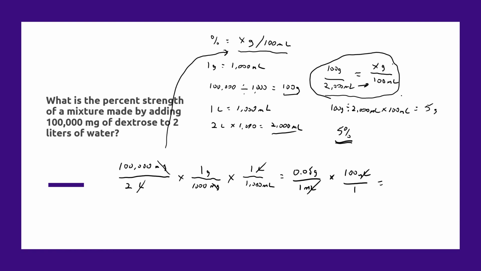So 0.05 divided by 1 times 100 equals 5 grams. Now, I could have just done this continuously here. We could have left this part out and wound up with 5, but I felt that showing you this way was a better explanation.